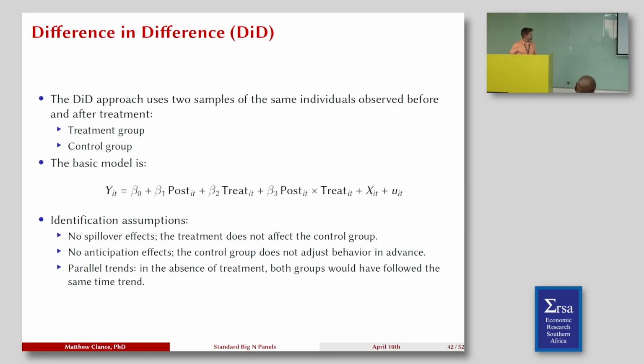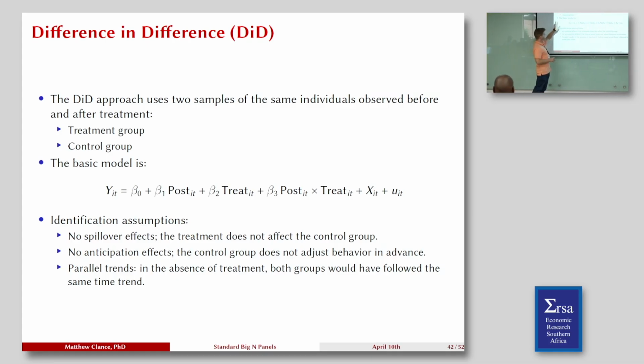Okay. So we're always trying to follow the same individuals observed over time, and we want to be able to classify them: either you're treated or you're not. Control group, treatment group.